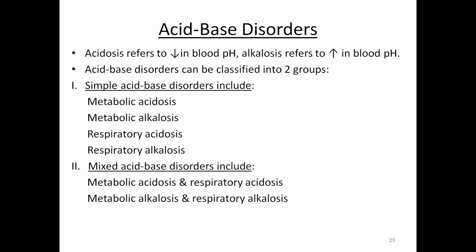So your simple acid-base disorders include metabolic acidosis, metabolic alkalosis, respiratory acidosis, and respiratory alkalosis. And your mixed acid-base disorders include metabolic acidosis and respiratory acidosis, both happening together, or a situation of metabolic alkalosis and respiratory alkalosis occurring together.